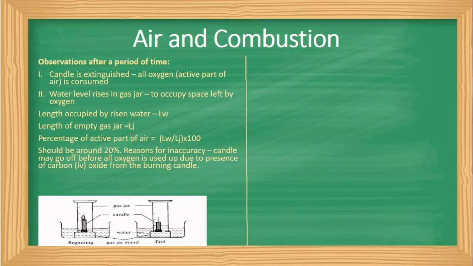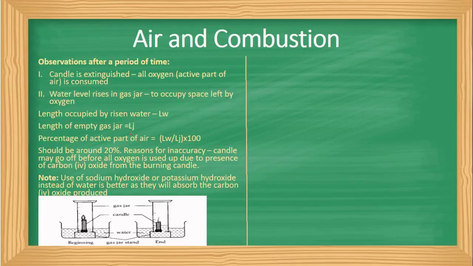The percentage you should get is around 20 to 20.9, and the reason why it will not be as accurate as expected is because probably not all oxygen is used up during the burning of the candle.